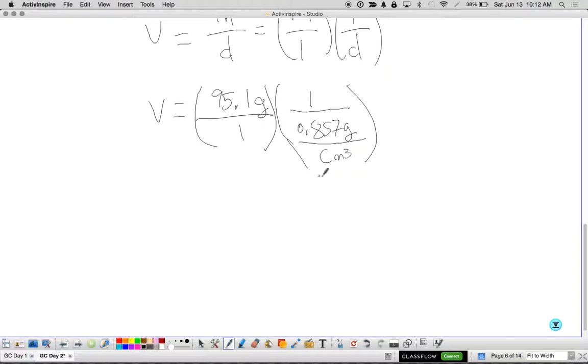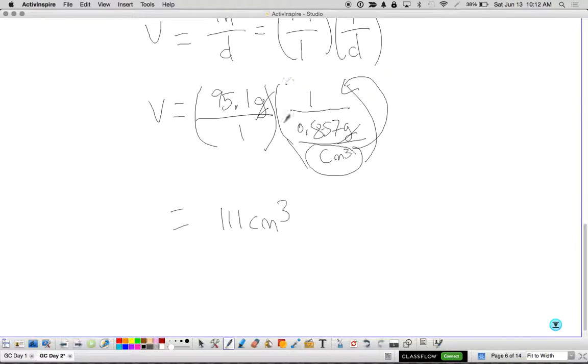To get rid of these units, I could multiply by centimeters cubed over 0.857 grams, top and bottom, and what that really does is move this up to the top. My grams cancel out, and I get 95.1 centimeters cubed over 0.857, and that's 111 centimeters cubed.